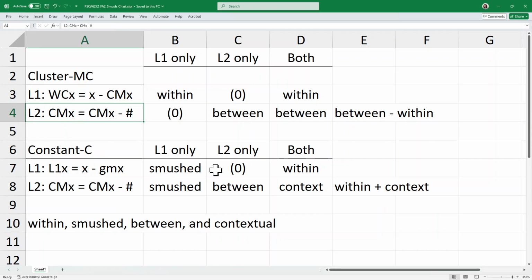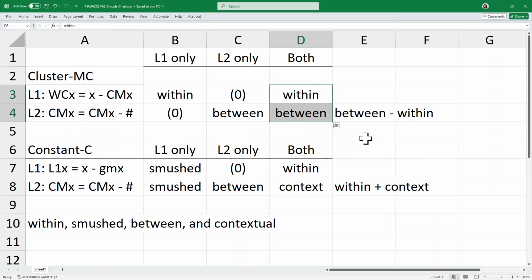If I only put in the cluster mean, I'm allowing the between effect to exist, but then I'm saying the within effect is 0. And if I put them both in, not only do they retain their interpretations, but if you did your centering correctly, they will be the exact same numbers because each is staying in its lane. So I usually recommend that folks set things up this way because it's easier to not screw it up. And if you want to talk about contextual effects, you can ask for them as linear combinations after the fact.